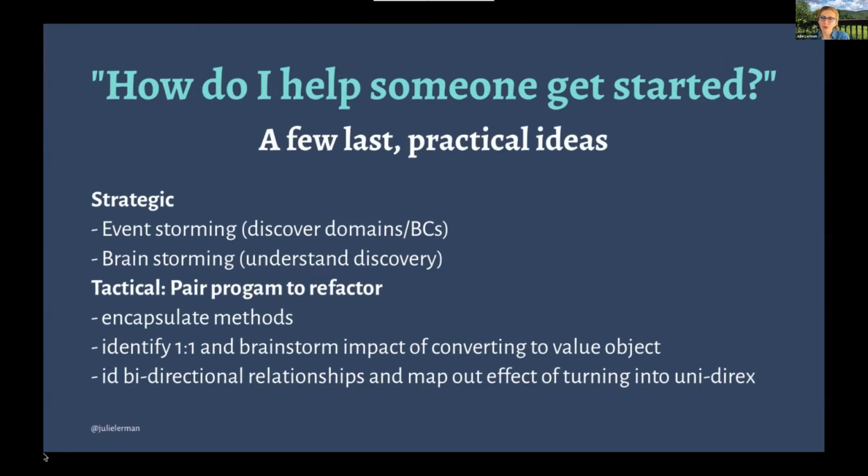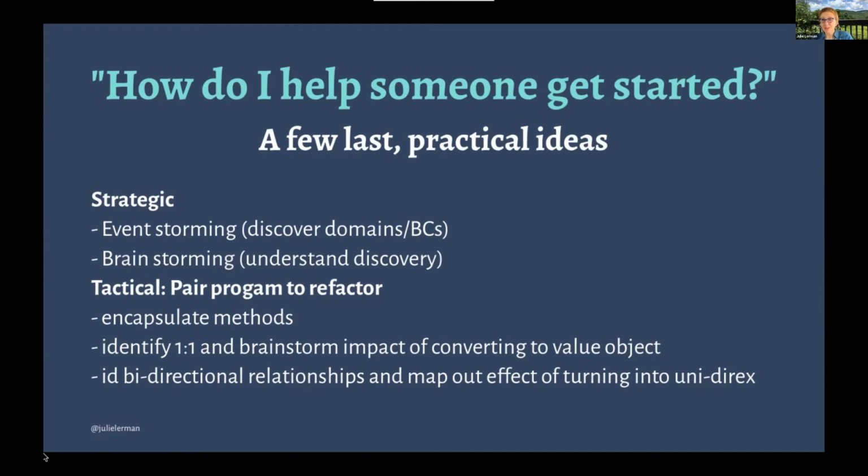So for the strategic side, just some concepts here. There's this workshop format called event storming, and it's so much fun to do in person. It's totally doable virtually, but I miss the in-person version terribly.